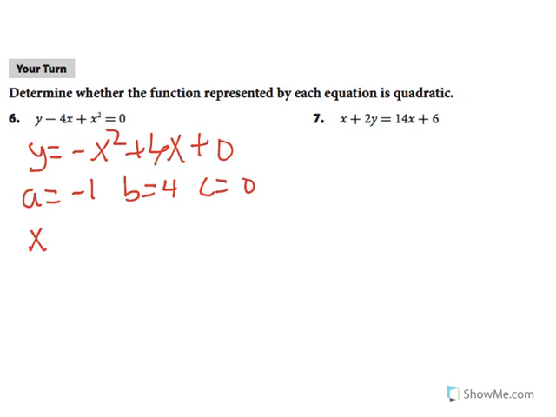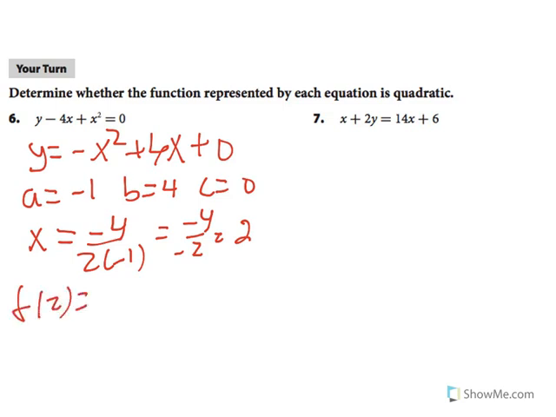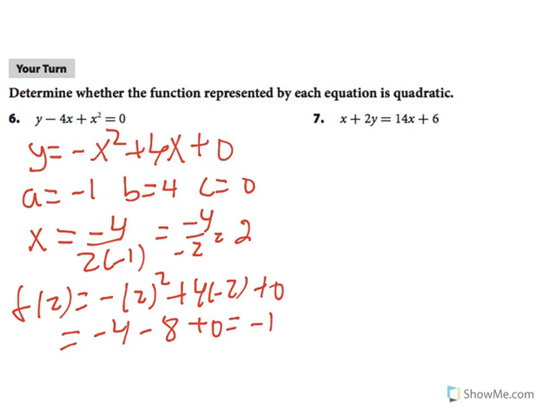Our axis of symmetry: x equals negative 4 over 2 times negative 1, so negative 4 over negative 2 reduces to 2. Our function f of 2 gives us negative 2 squared plus 4 times 2 plus 0. This gives us negative 4 plus 8 plus 0, so the vertex is at (2, ...).